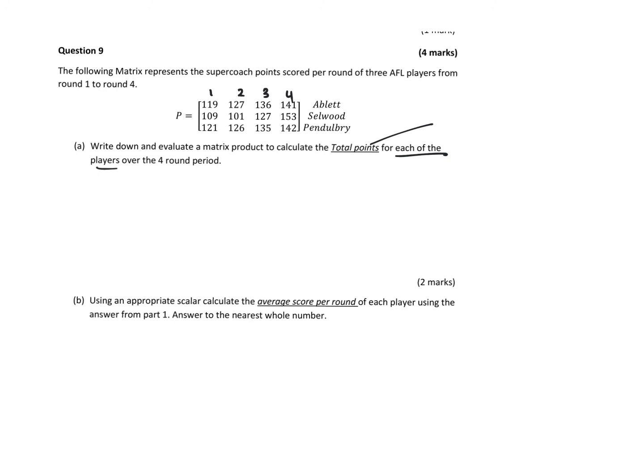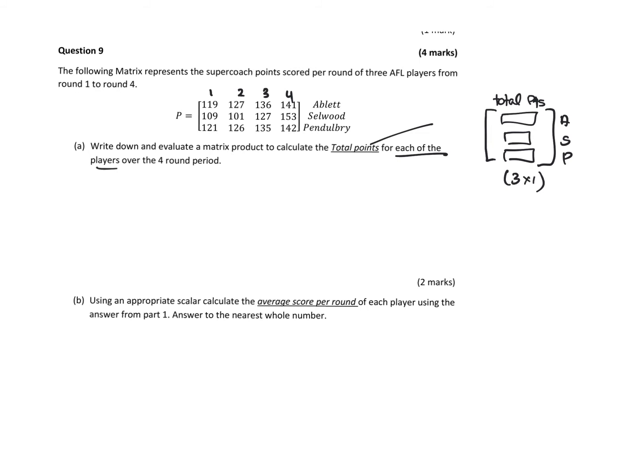Okay, so really what you want to have is the total points, and then you want to have Ablett, Selwood and Pendlebury. So, which would mean you have an answer here, an answer here, and an answer here. So that is a 3 by 1, okay?